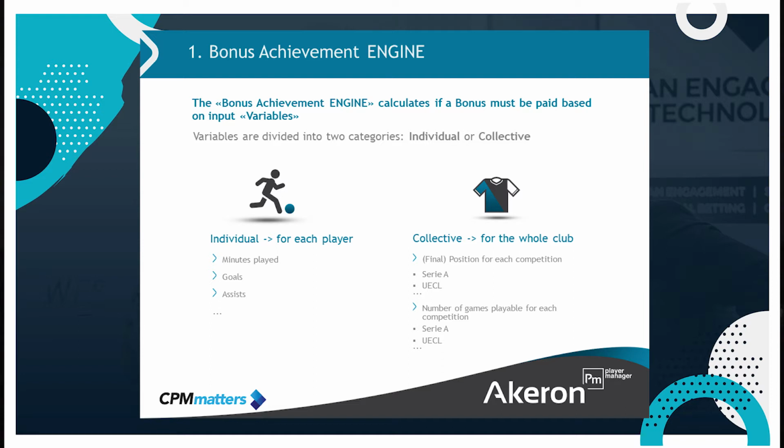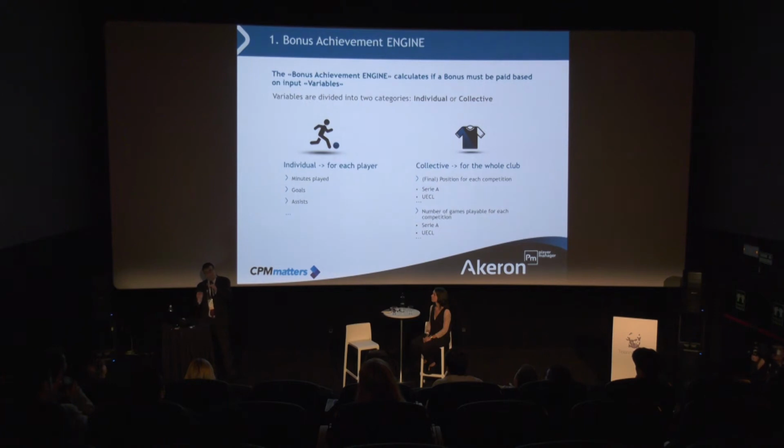The bonus achievement calculates if a bonus must be paid or not by using input variables. Variables are divided into two main categories, individual or collective. The individual ones are very easy, typically minutes played, goals, assists, and so on, so you must enter or simulate them for a single player.